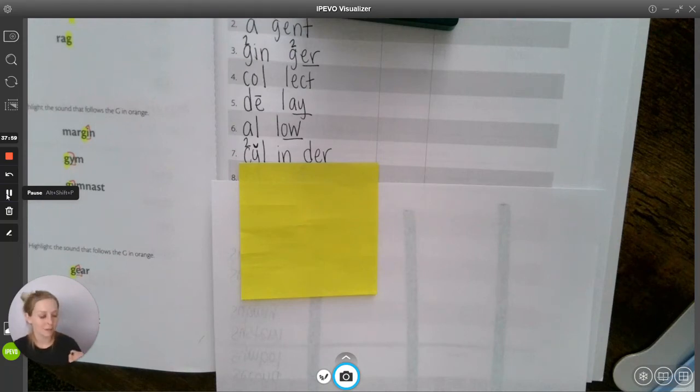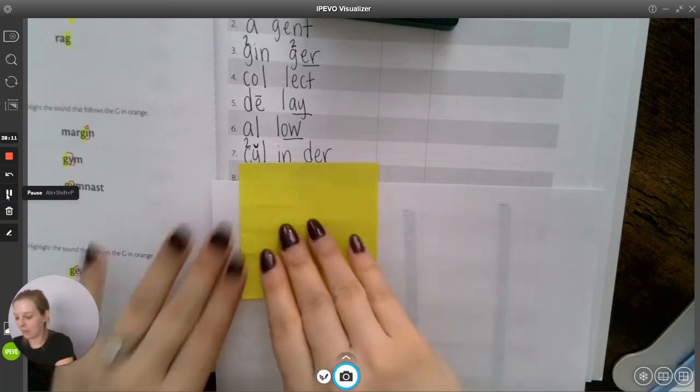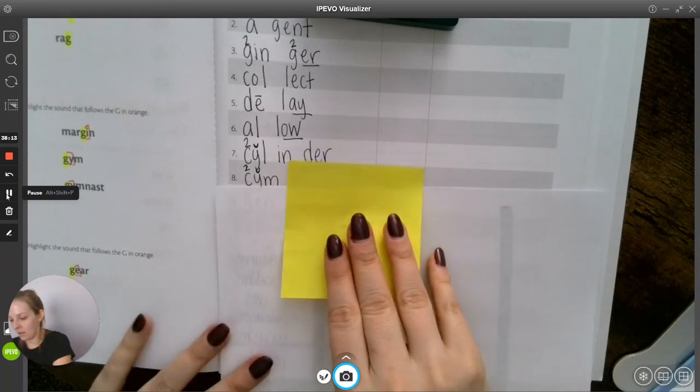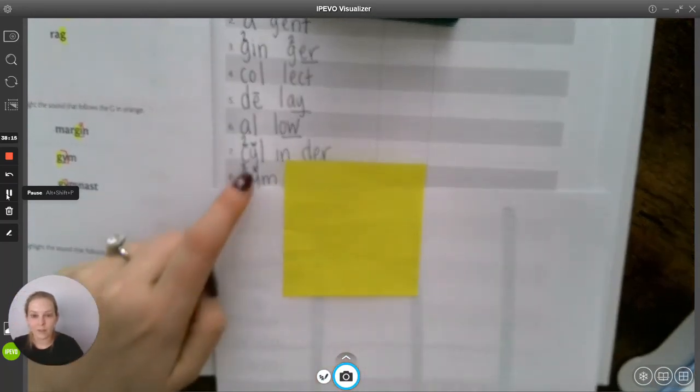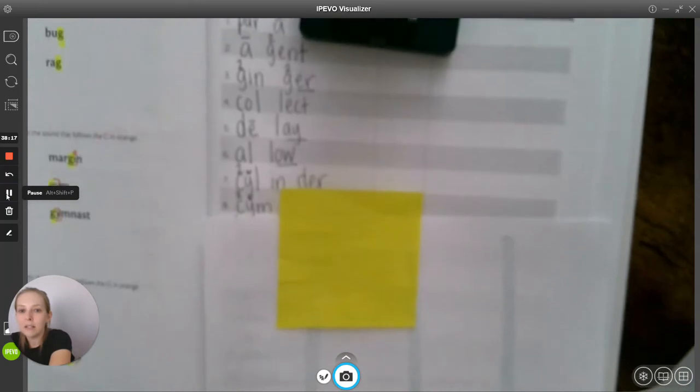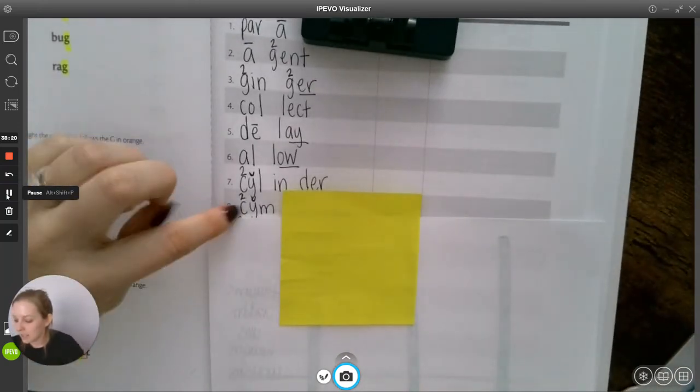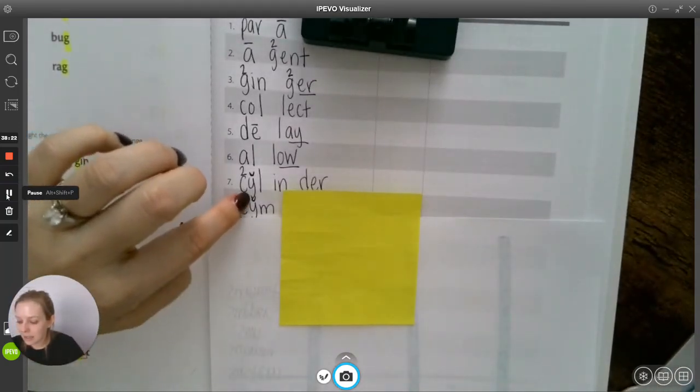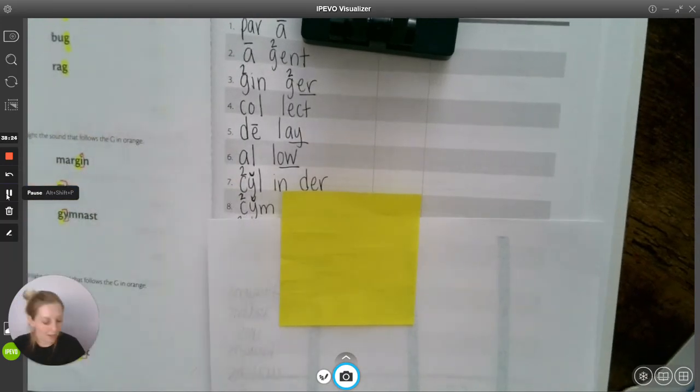S-I-M. Finger spell. Pay attention. Y-I-I-E. You can see, second sound over the C, and this is another breath over the Y. All right, second syllable in symbol is bow.